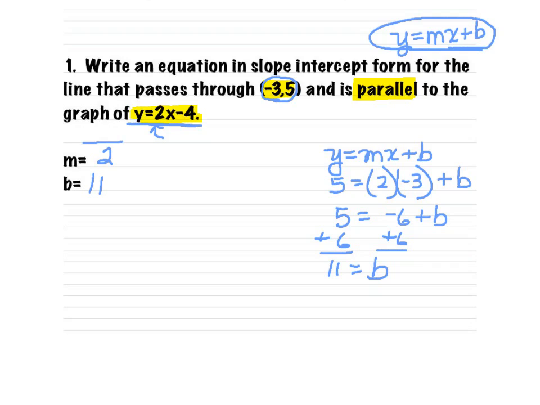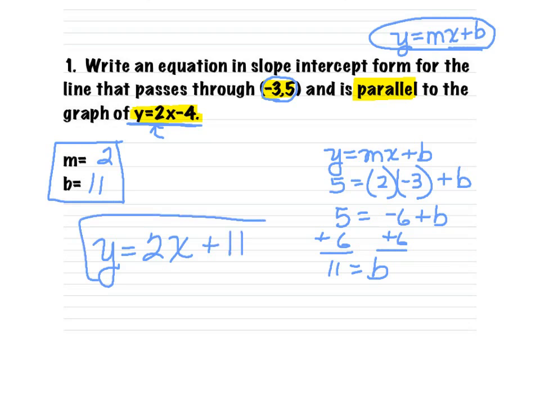So now that I have m and b, I can write my parallel line's equation. y equals 2x plus 11. Okay, just very quickly to review. I want to write the equation of a line that goes through negative 3, 5 and is parallel to the graph of the equation that I've been given, y equals 2x minus 4.